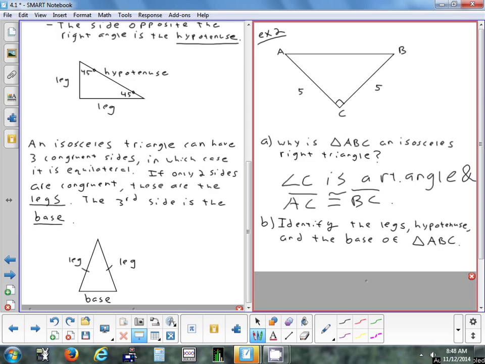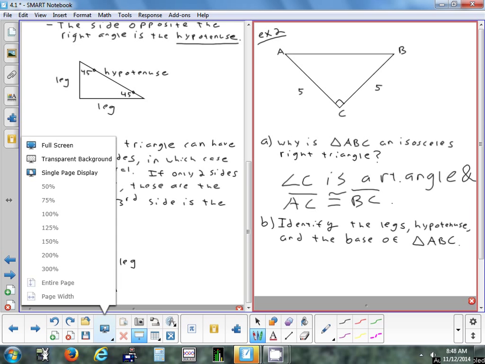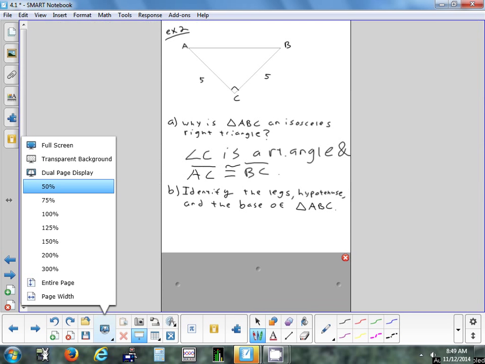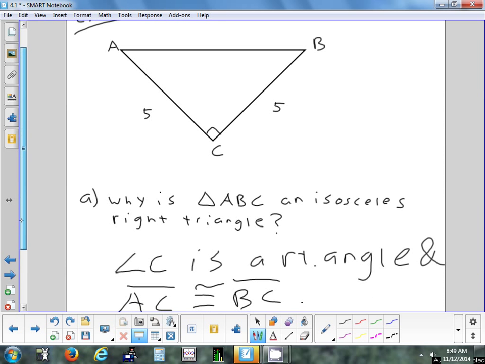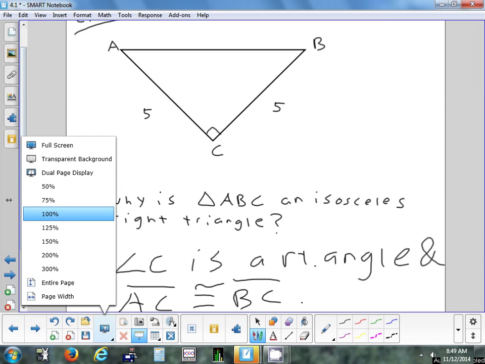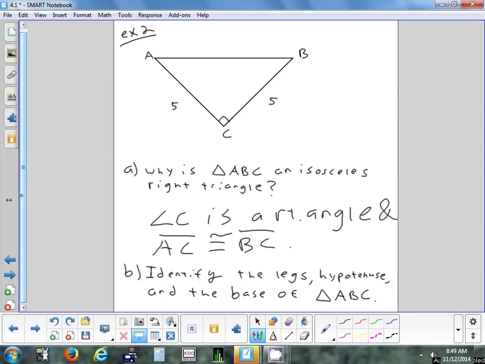Identify the legs, the hypotenuse, and the base. What are the legs there? In that triangle, Selena? AC. Yep, AC is a leg.